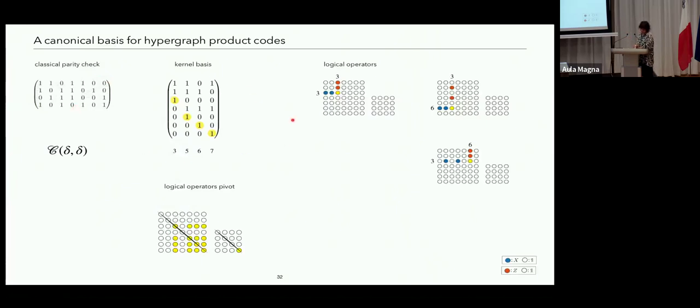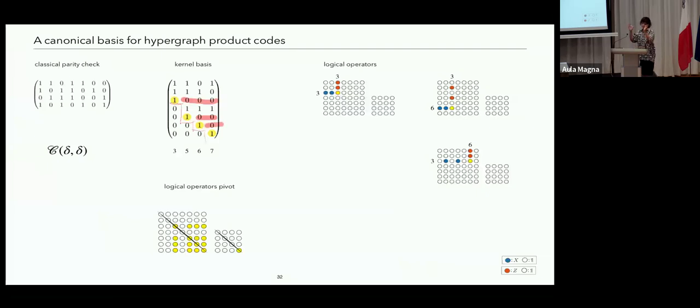So I can tell you that these four are a basis of the kernel of your parity check. You can find a basis that is nice, because look, here are all zeros below, all zeros below, all zeros below. So I have all zeros below the stars and on the right as well. So next to each pivot, I only have zeros.